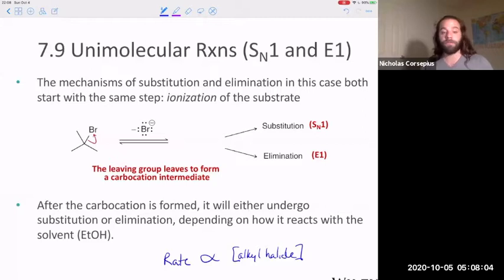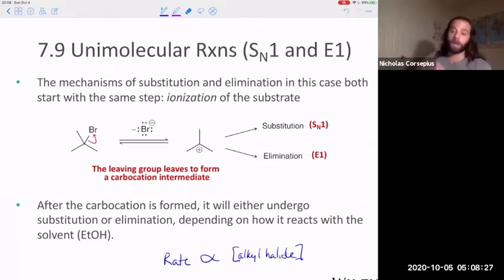And that's because the first step is actually the loss of a leaving group, right? In SN2 and E2, you had either proton transfer or nucleophilic attack happening at the same time. Here, they don't happen at the same time. The first thing that happens is just the loss of a leaving group, and thus the formation of a carbocation intermediate.